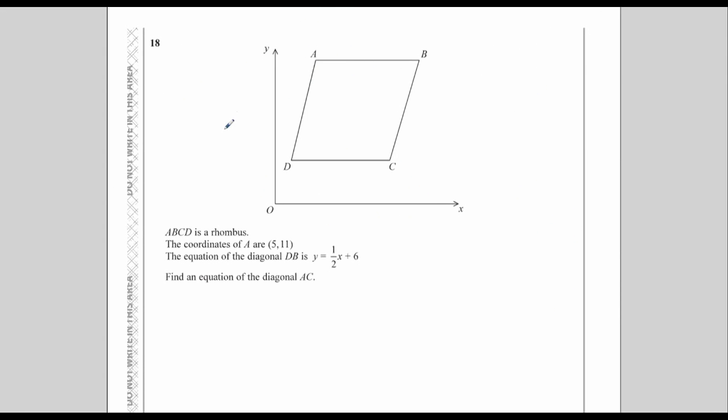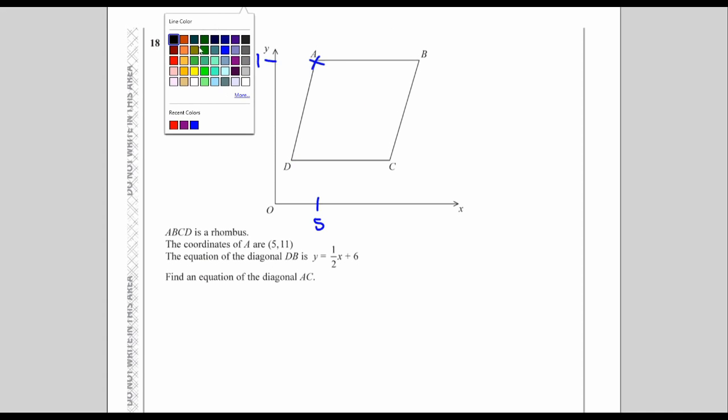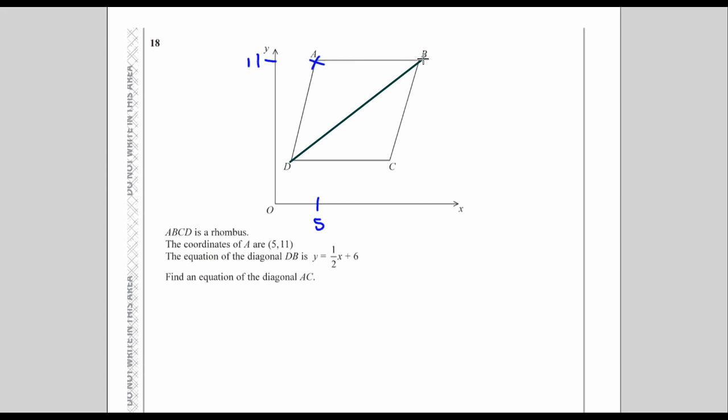Question 18. ABCD is a rhombus. The coordinates of A are 5, 11. Okay, so that's across 5, up 11. Like we've said a lot. The equation of a diagonal, D to B, has the equation.